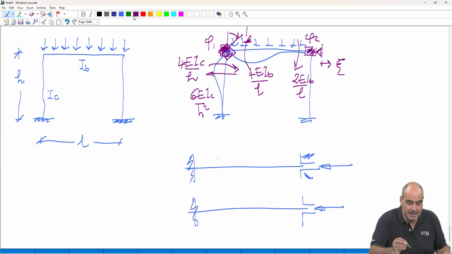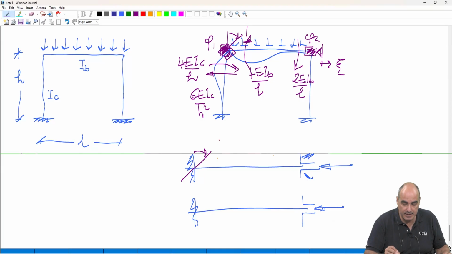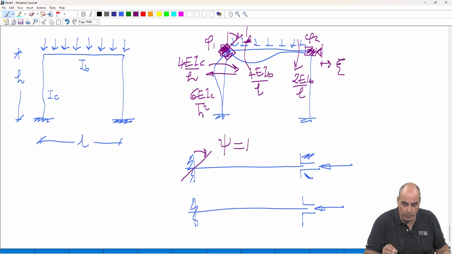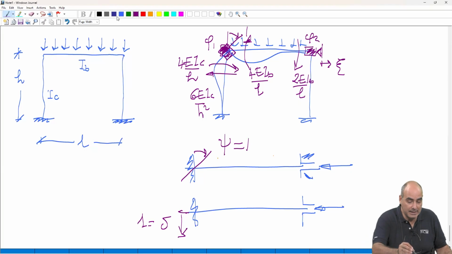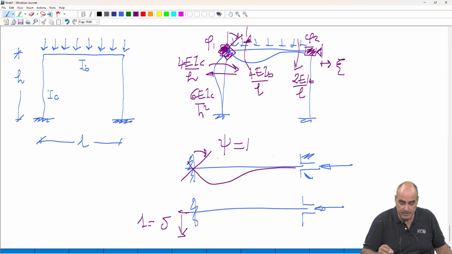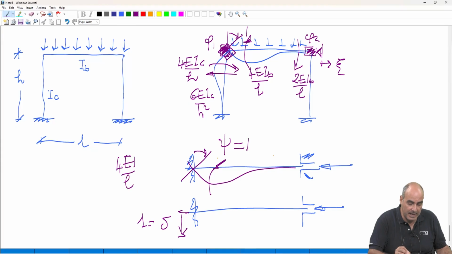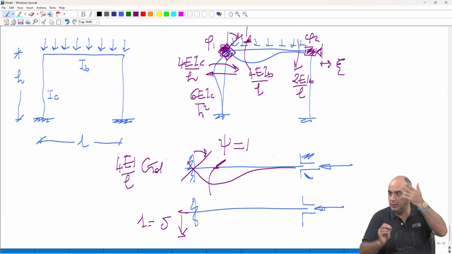and instead of assigning loads, we are assigning here a unit rotation or a unit deflection. And what will come out is that here this moment will be 4EJ over L times a correction function, capital GD.